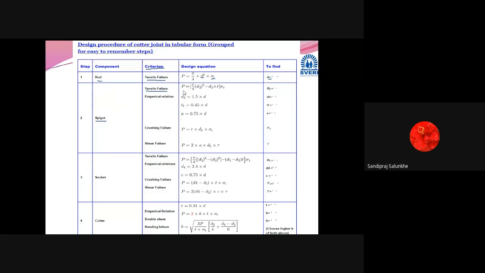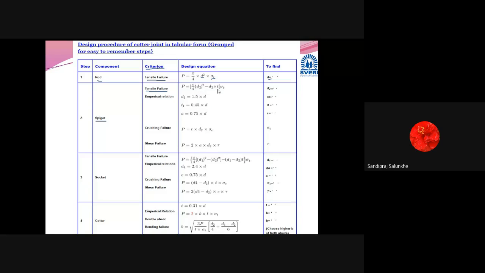Here also we are going to use the same formula: force is equal to cross-sectional area multiplied by stress. Now this cross-sectional area is calculated as pi by 4 d2 square minus whatever slot has been provided, that is d2 multiplied by t. So this area is removed from the total area.